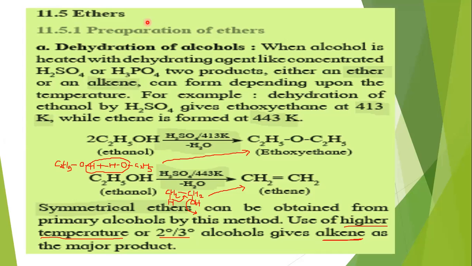That is, both of the valencies of oxygen are bonded with either alkyl or aryl group. Okay, its classification also we have seen: symmetrical ethers or unsymmetrical ethers. Symmetrical and unsymmetrical ethers.